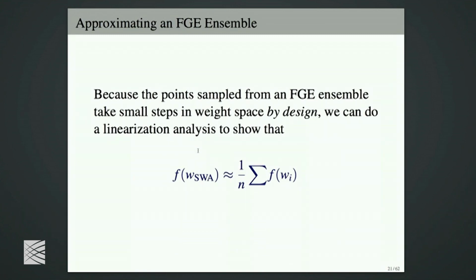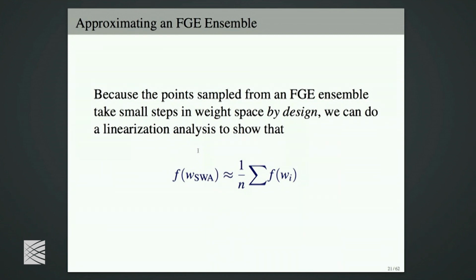Another perspective is to see this procedure, where we're averaging the weights, as an approximation to what we were doing before, where we were averaging the models. Recall when I mentioned this fast geometric ensembling procedure, we had a very high frequency cyclical learning rate, so we were taking very small steps in weight space. In that case, we can reasonably do a linearization of the model and argue that averaging the weights is going to approximate an ensemble of the models associated with those weights.